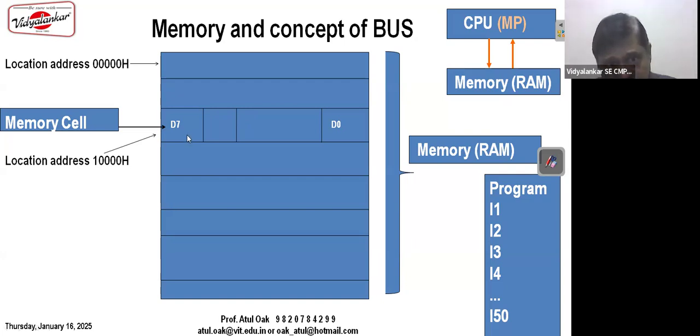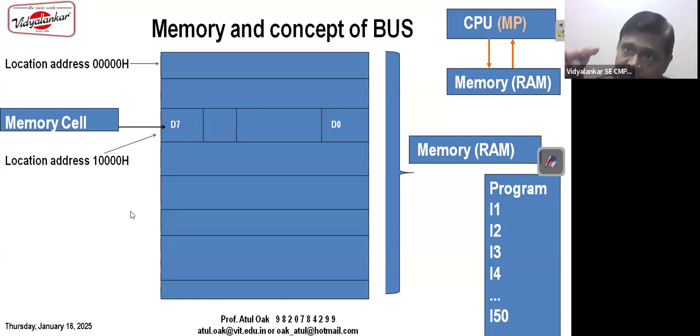How will my processor understand whether I want to read this particular location or write this particular location? Because your memory is a Boolean device. You know the meaning of Boolean. Your memory supports two operations, read and write. So how will the processor understand whether at this location you want to read or write?